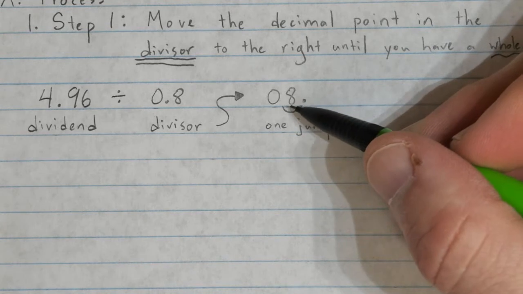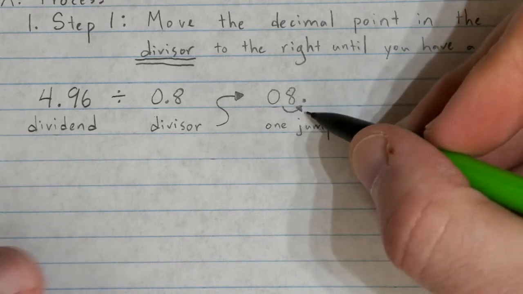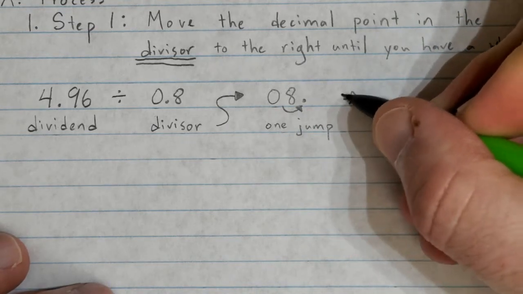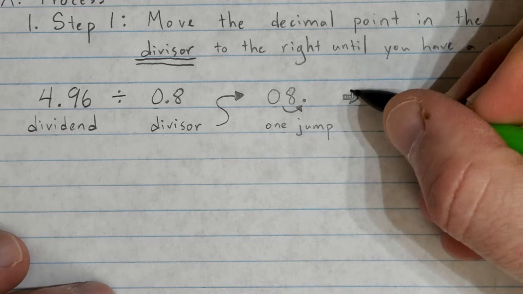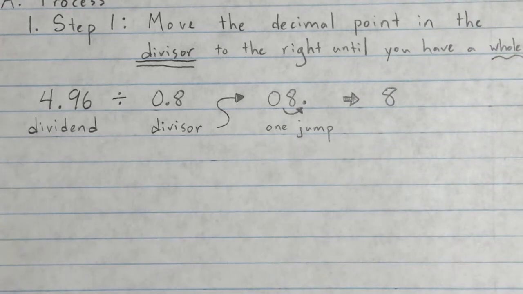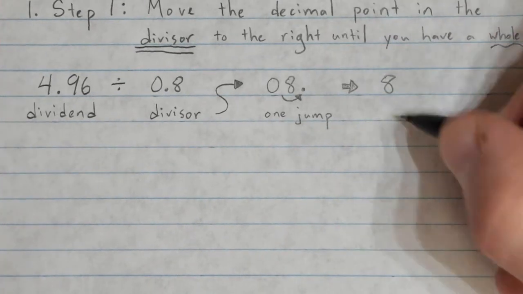So this goes from being 0.8, 8 tenths. I'm jumping over 1, and we're turning it into just 8. Now, what's happening when we're moving the decimal?